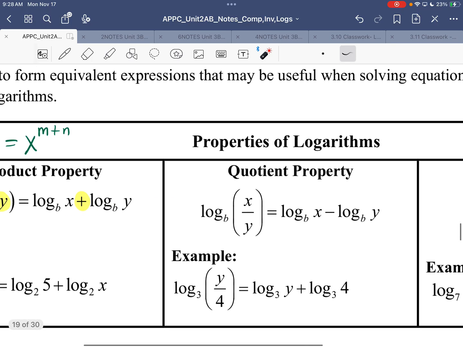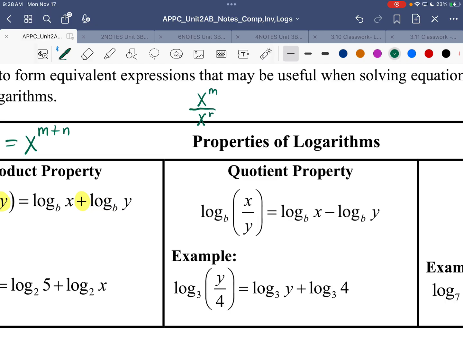Quotient property. So I'm thinking like x to the m over x to the n. What would you do with the exponents? Subtract them. So again, in exponents, to get a single base, you used subtraction.